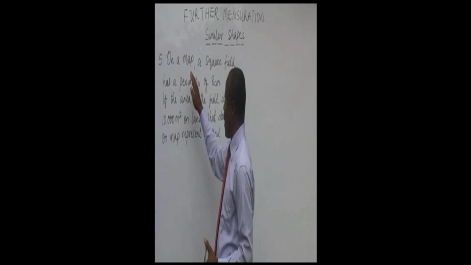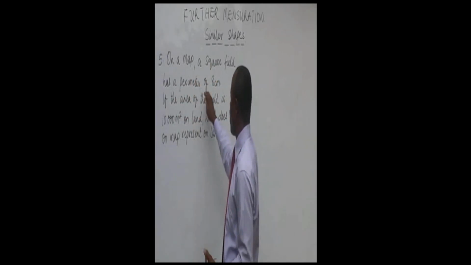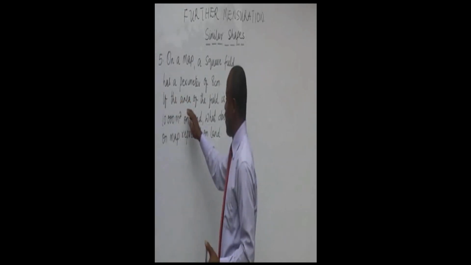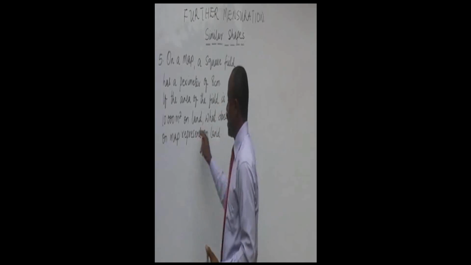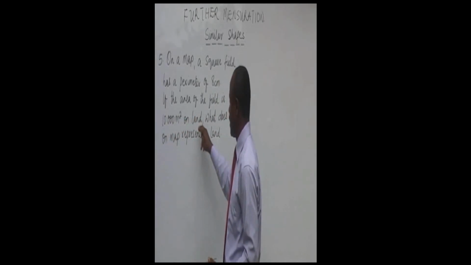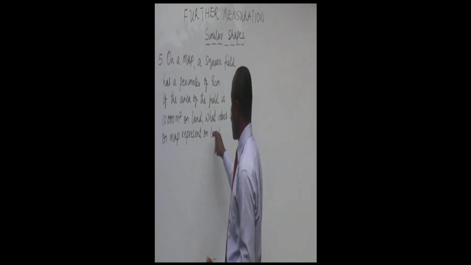On a map, a square field has a perimeter of 8 centimeters. If the area of the field is 10,000 meters squared on land, what does 1 cm on the map represent on land?